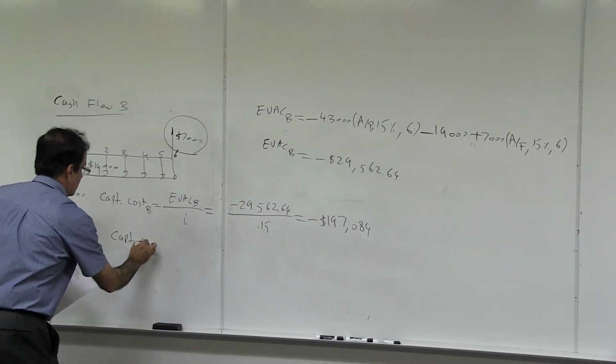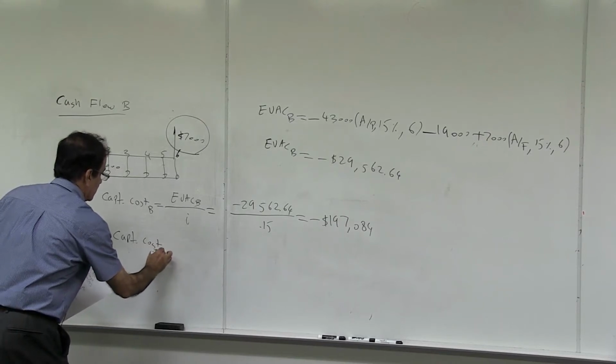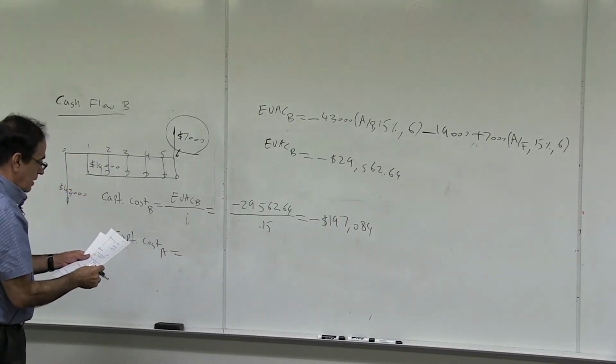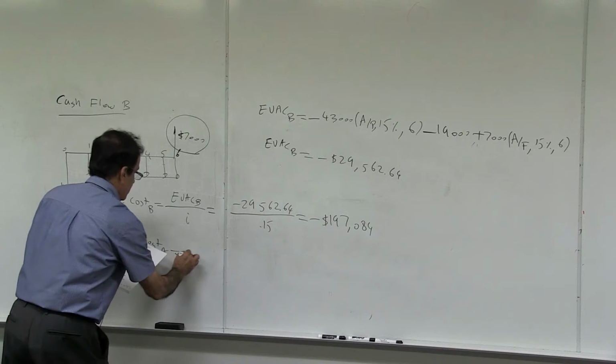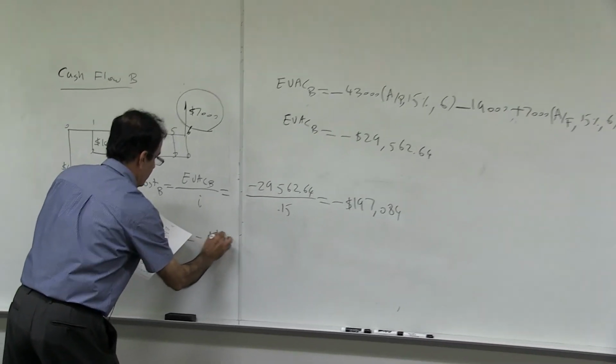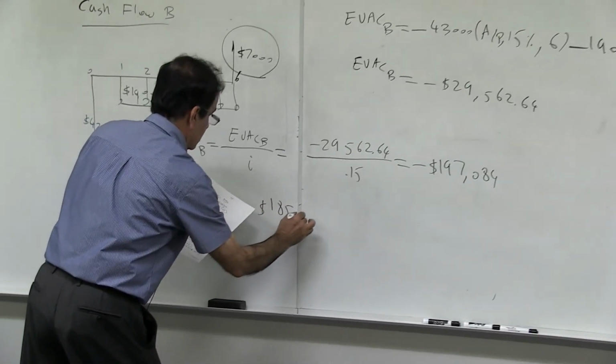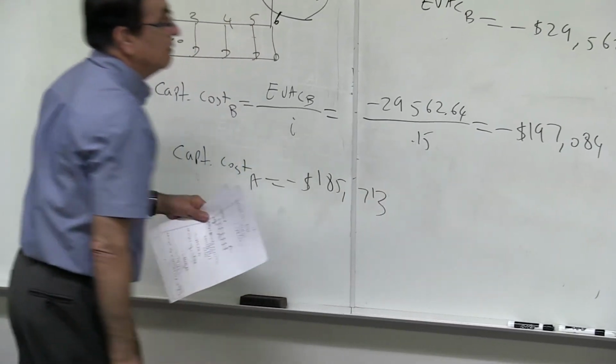Now, if you recall, for the first part of the problem, the capitalized cost for alternative A was $185,713.